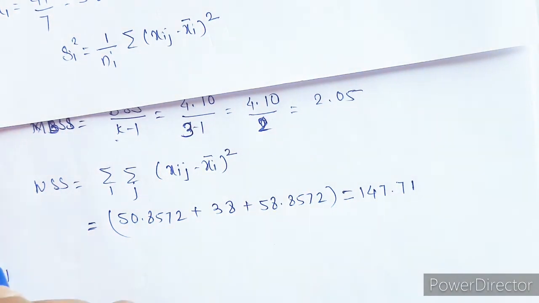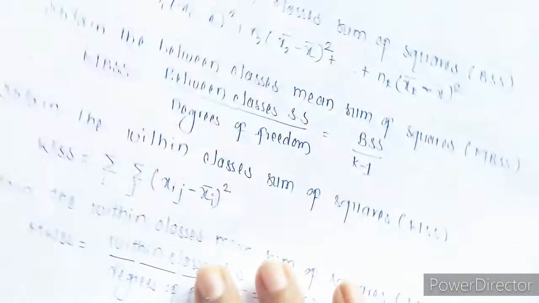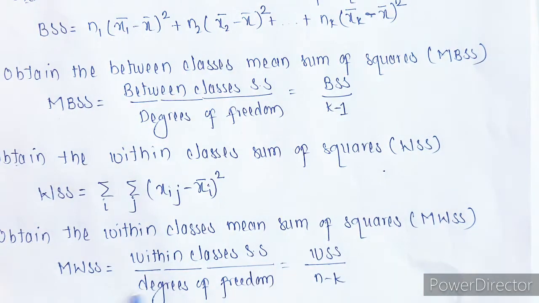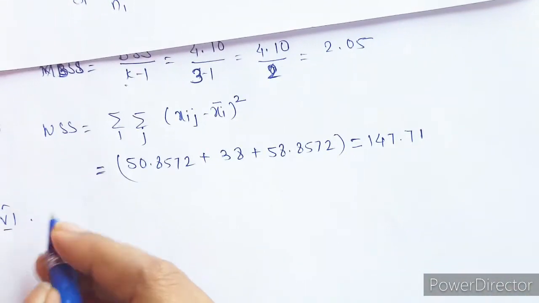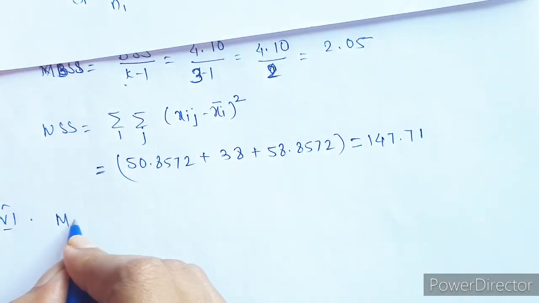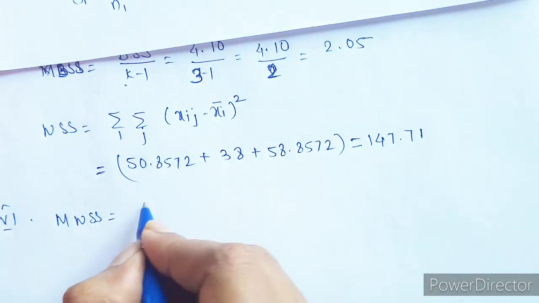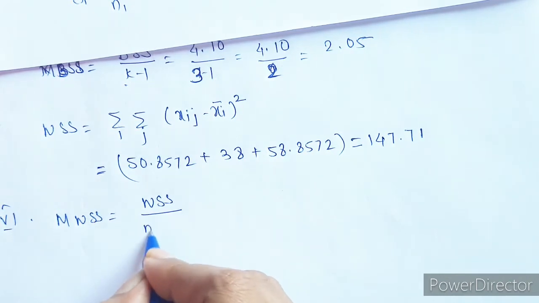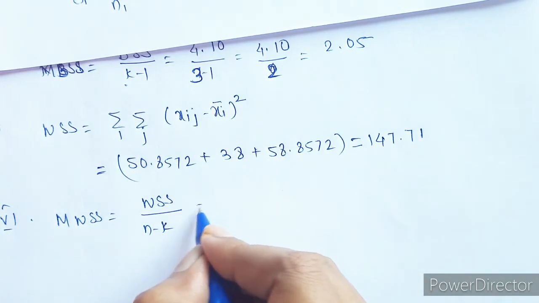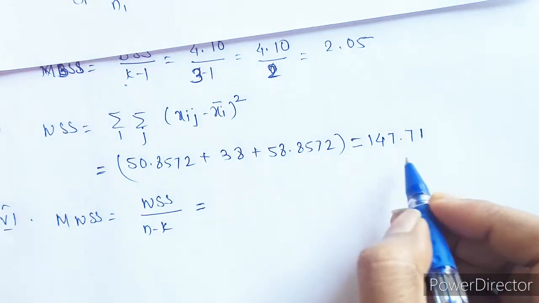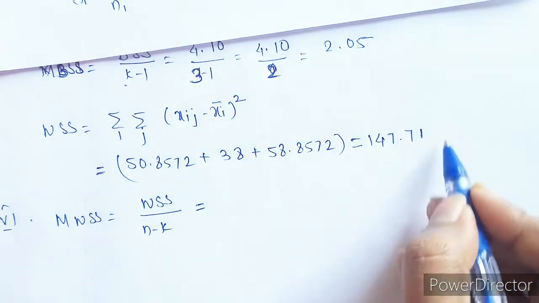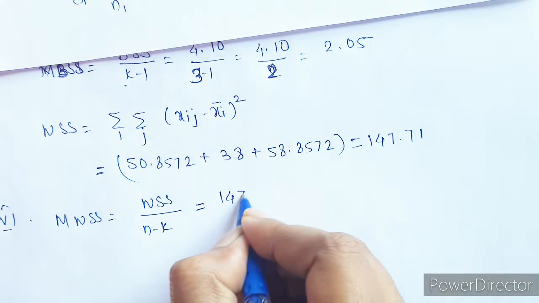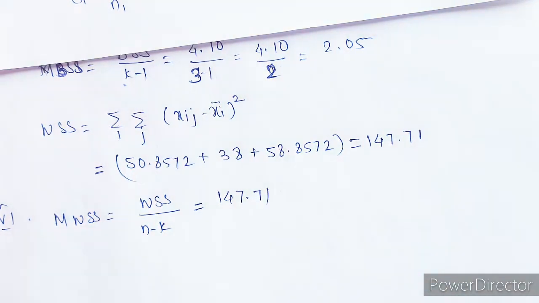So next step, sixth step, is we need to calculate the mean of the sum of squares within the classes. The mean of the sum of squares within the classes is given by the sum of squares within the classes upon degrees of freedom, that is n minus k. Now the sum of squares within the classes is 147.71.